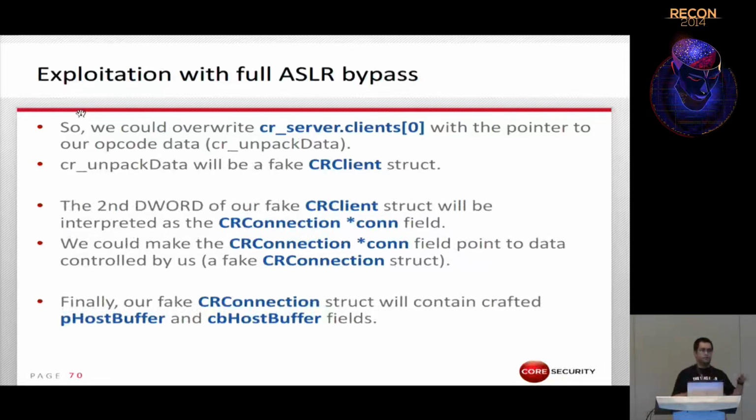The second DWORD of our fake CR client structure will be interpreted as the con pointer, which points to a CR connection structure. So we could make that con field point to an arbitrary address, and the idea is to put a fake CR connection structure at that address, so we control the phost buffer address and the cvhost buffer size of the frame buffer that will be copied from the host to the guest.